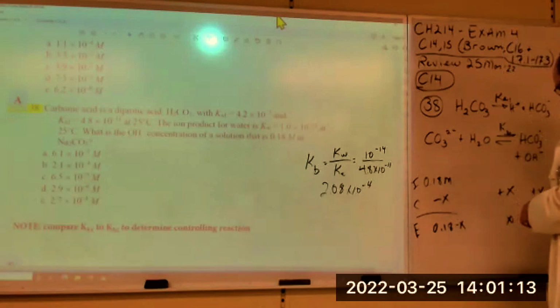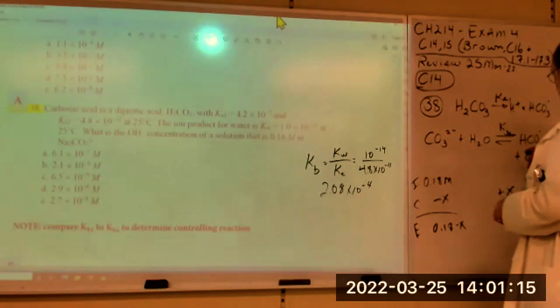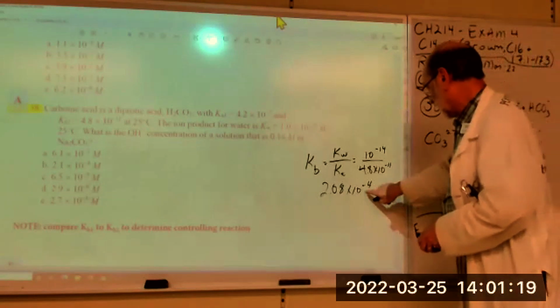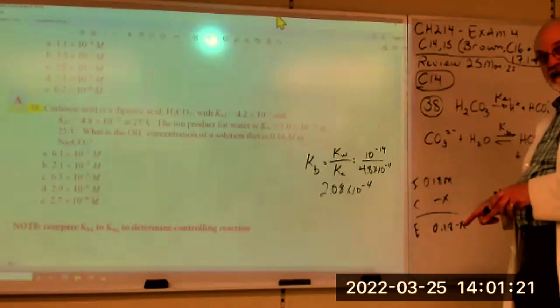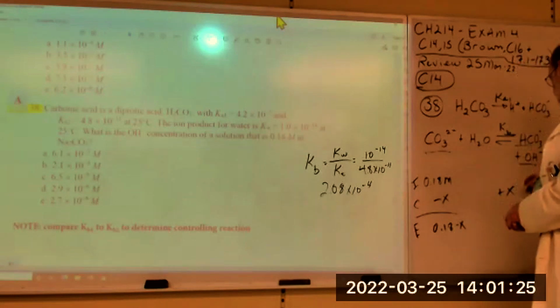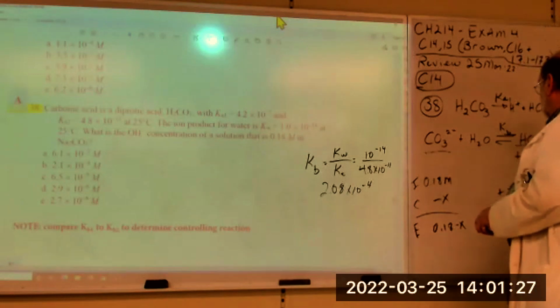And if we write the equilibrium expression for this, it's going to be equal to that value, the Kb. So we'll have this term and this term.